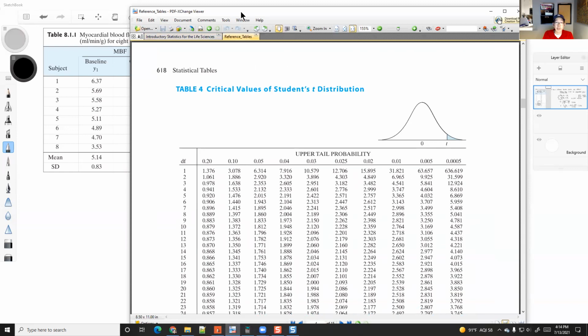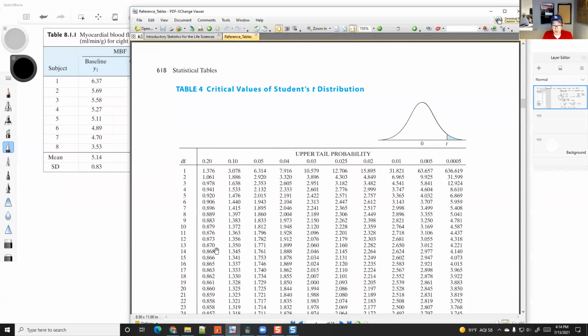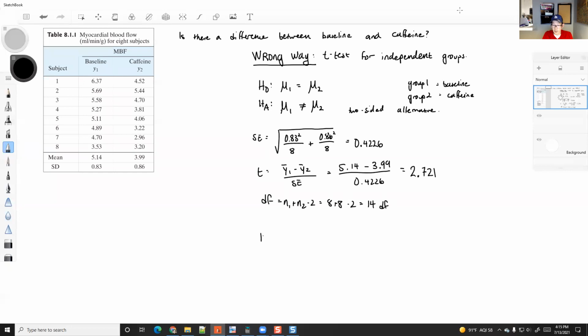If we assume degrees of freedom is n1 plus n2 minus 2, that's 14 degrees of freedom. We would look up 2.721 with 14 degrees of freedom, and we get a tail area value between 0.01 and 0.005.